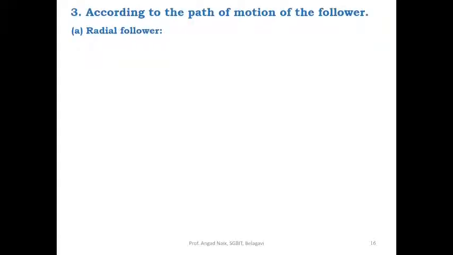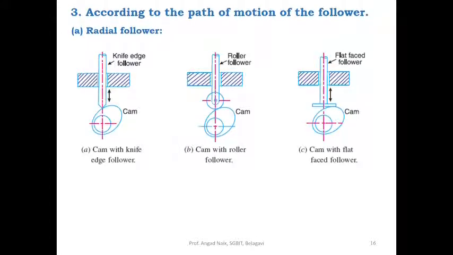Let us see the next category of classification, that is based on path of motion of the follower. In that, the first one is radial follower. In all these followers, you can see the axis of the cam and axis of the follower are in the same line.